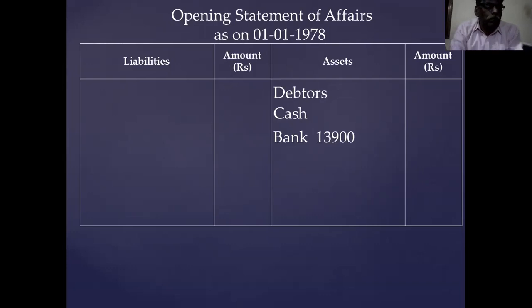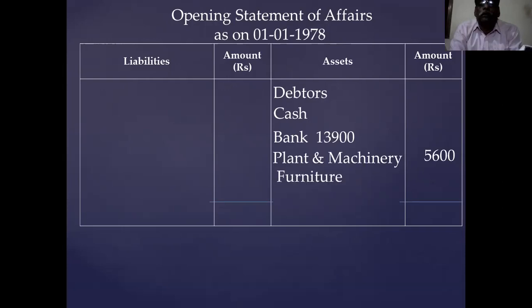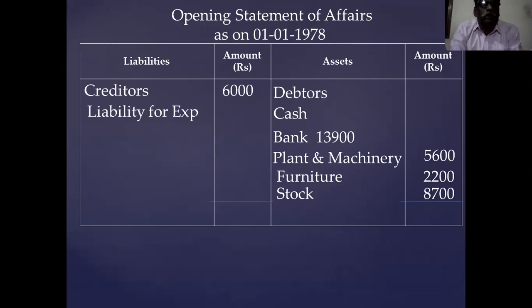And the next item is plant and machinery. Plant and machinery is 5,600 opening. Then furniture, 2,200. Then opening stock, 8,700. Then creditors, 6,000. Expense liability, 500.